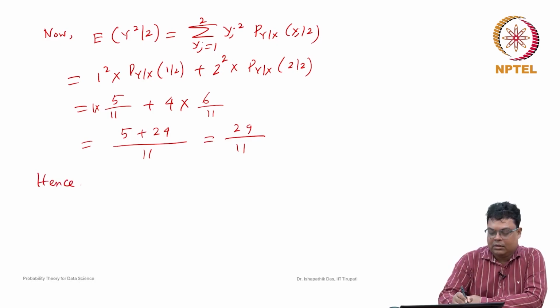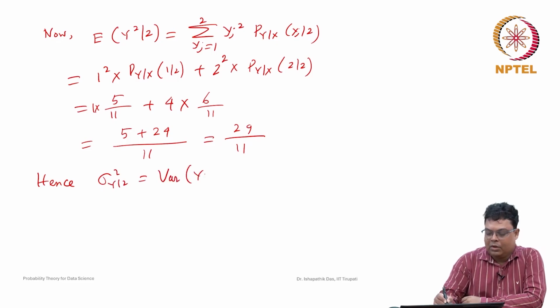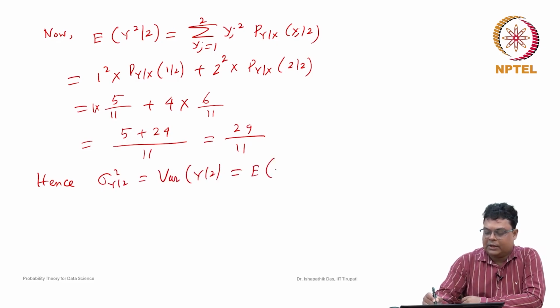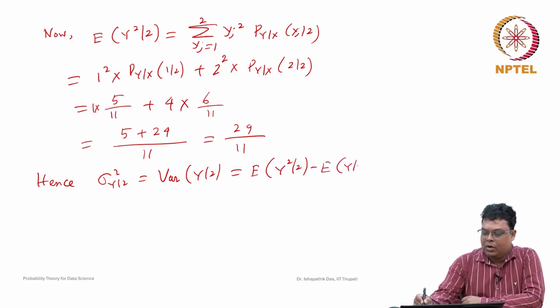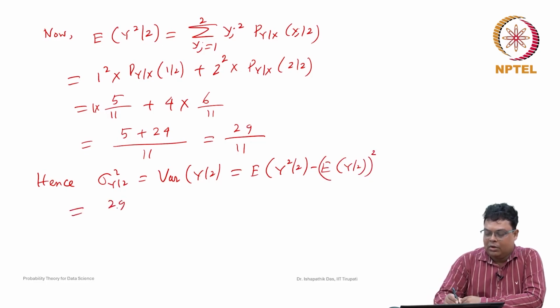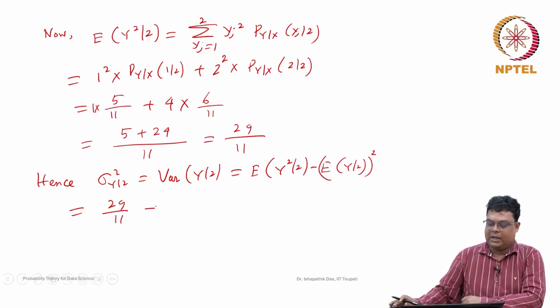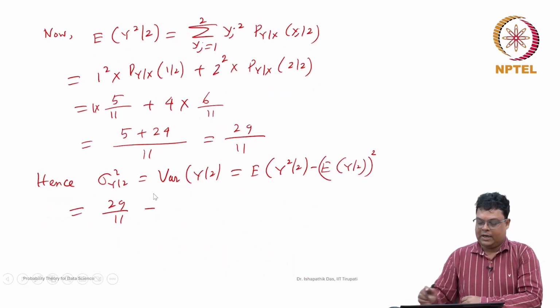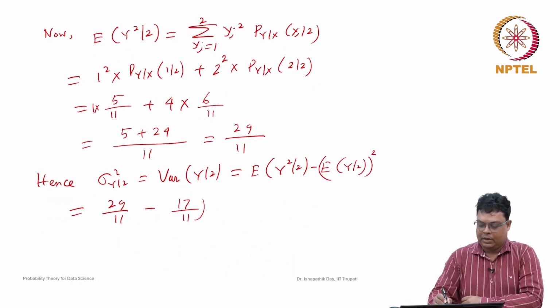This is the expected value of y square given 2. Hence, using the formula, sigma square y given 2, which is the variance of y given 2, is the expected value of y square given 2 minus the expected value of y given 2, whole square. All the values are known to us now: 29 by 11 minus 17 by 11 whole square.